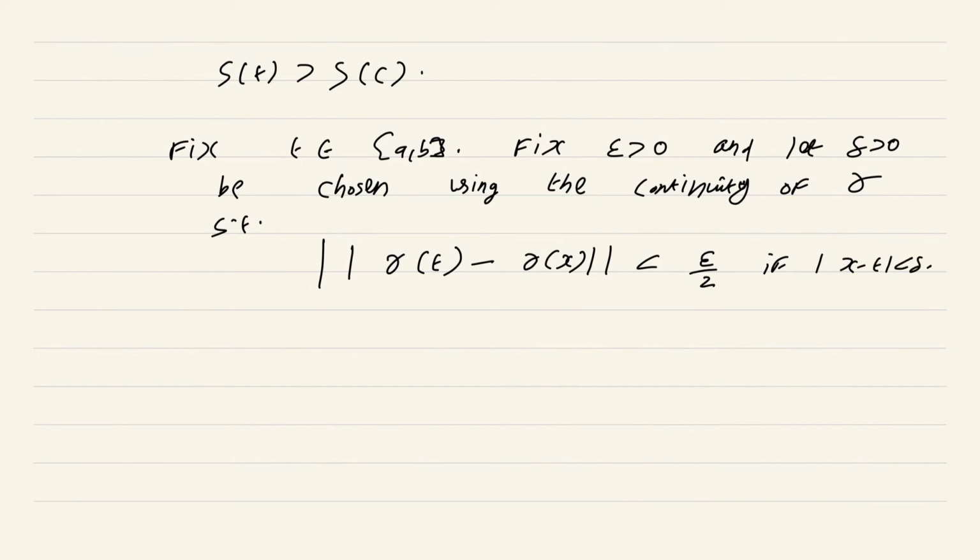This is just the continuity of the function gamma. Now fix x with mod x minus t less than delta and x less than t.